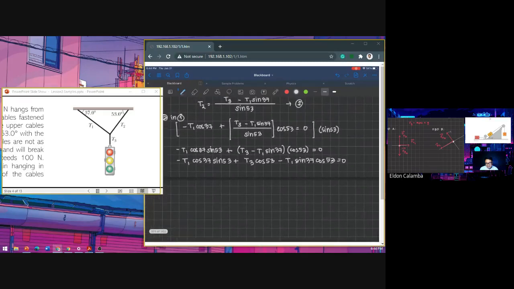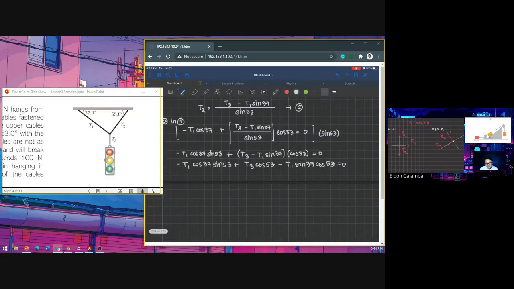And then, I want to isolate T1 kasi si T1 ang gusto kong kunin. Kasi si T1 na lang din ang unknown dyan. Kasi alam ko na si T3. So, what will happen is that I have here T1 now. I will isolate T1. I will regroup T1. T1, that is just negative cos 37 sin 53 plus negative sin 37 cos 53.